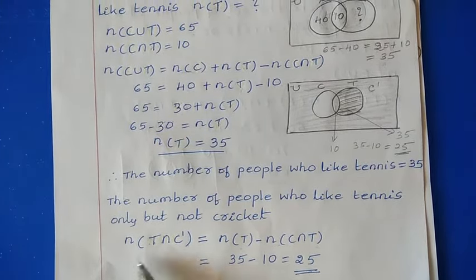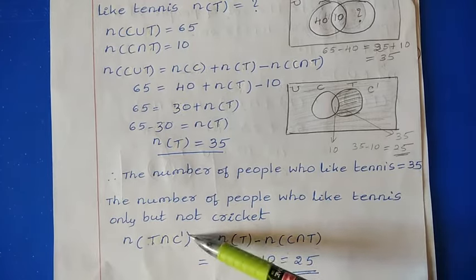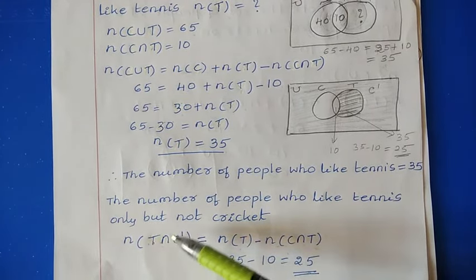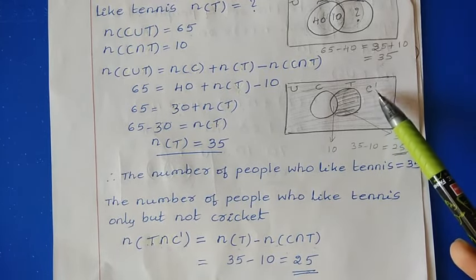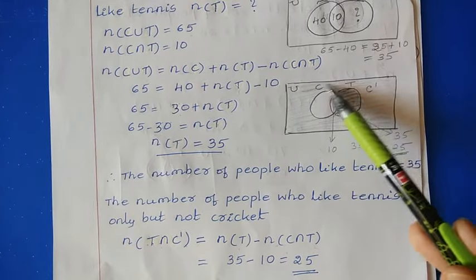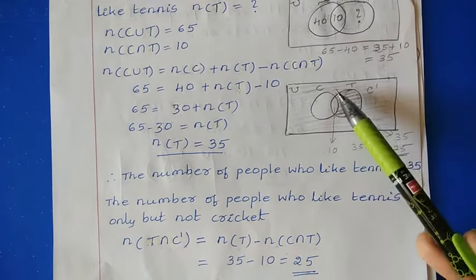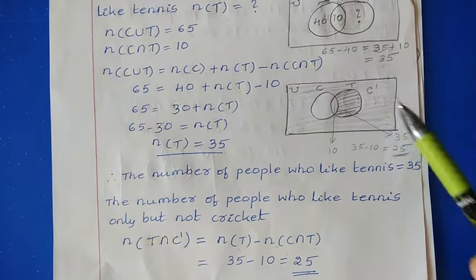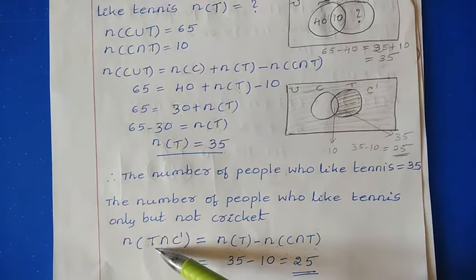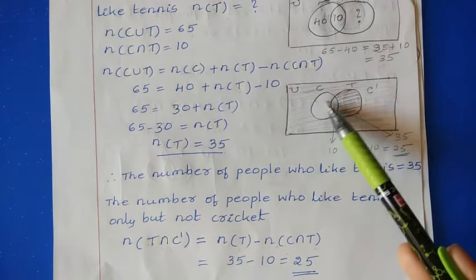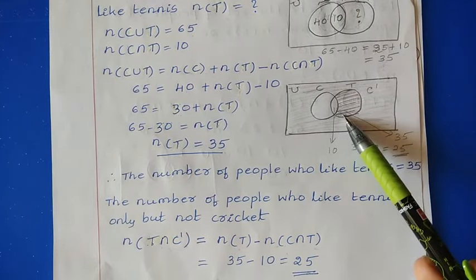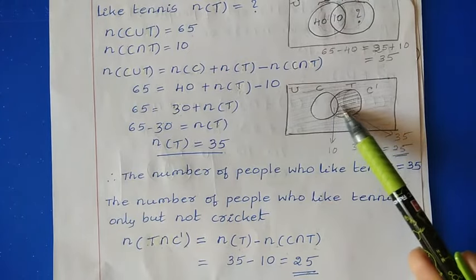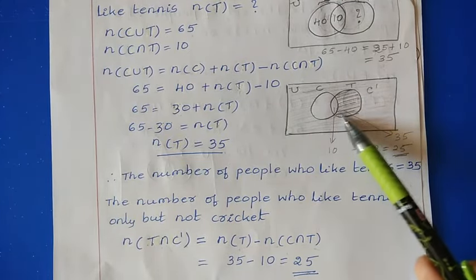See, here we are writing this one is equal to this. If you refer to the Venn diagram, you can understand this clearly. N of T intersection C complement. C complement means, leaving C, whatever area we have comes under C complement, right? Then T intersection C complement means we need to find out this area.